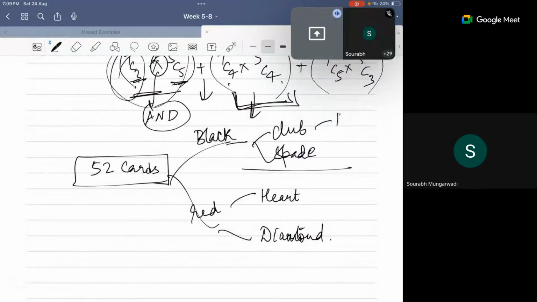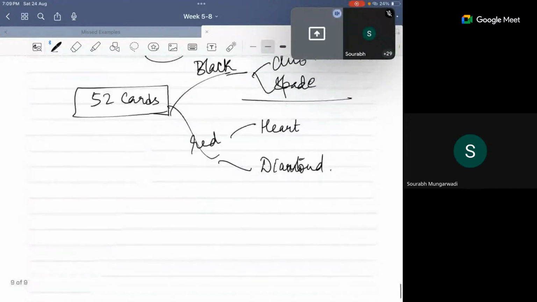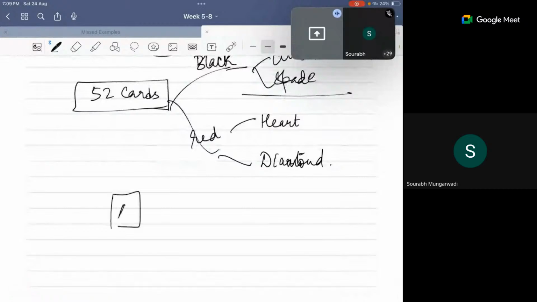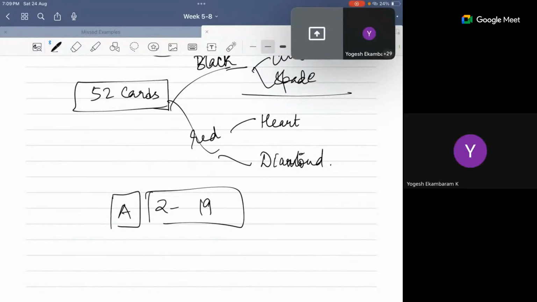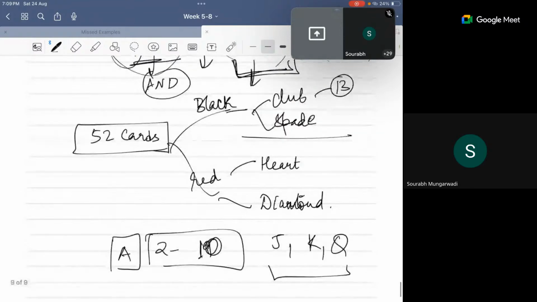In those 13 cards, you have one ace, and then you have 2 to 10, and then one jack, one king, and one queen. So altogether you have 13 in each of the suits: club, spade, heart, and diamond.